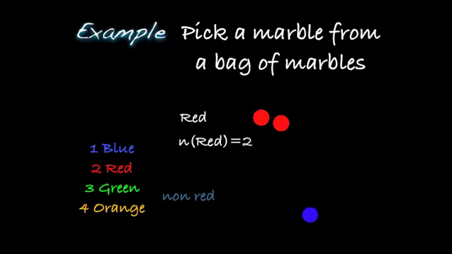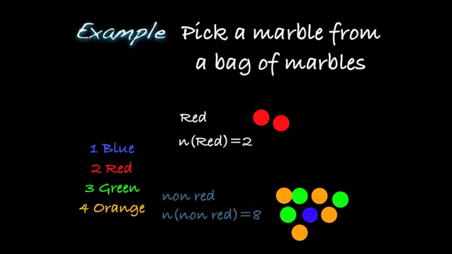And there is 1, 2, 3, 4, 5, 6, 7, 8. There are 8 non-red marbles in the bag. That must mean that there is 10 marbles total. Let's check. 1 blue plus 2 red plus 3 green plus 4 orange equals 10. The number of red, which is 2, and the number of non-red, which is 8, when added together equal 10, the total number of marbles in our bag.